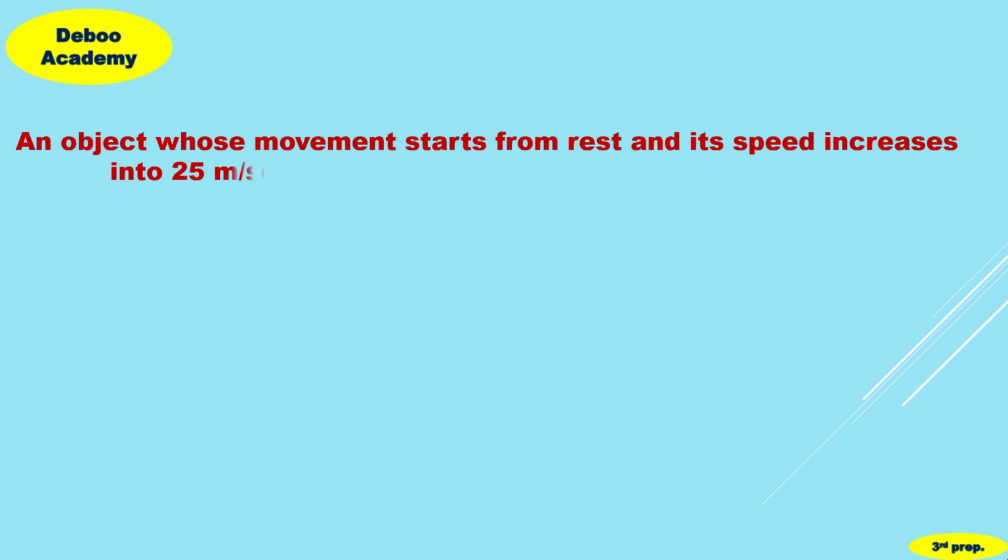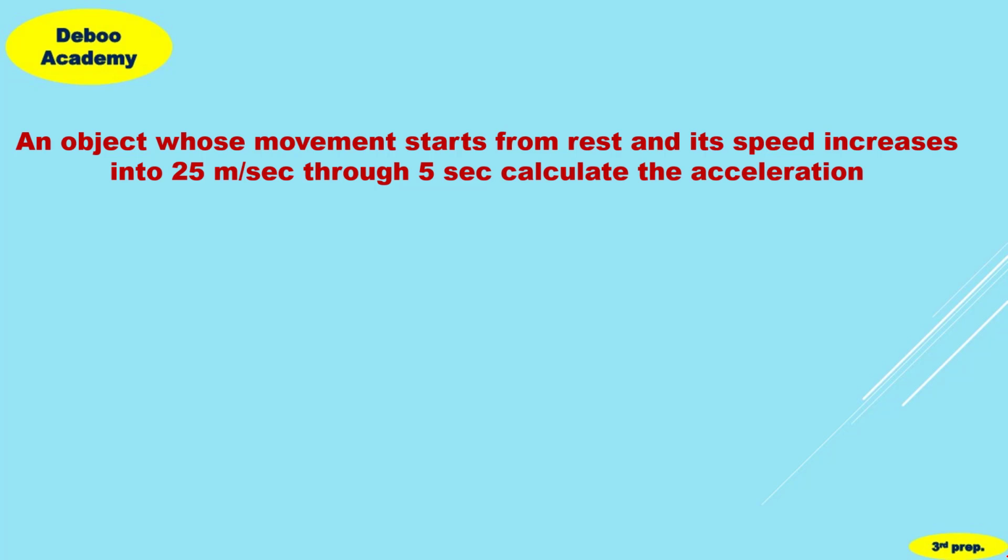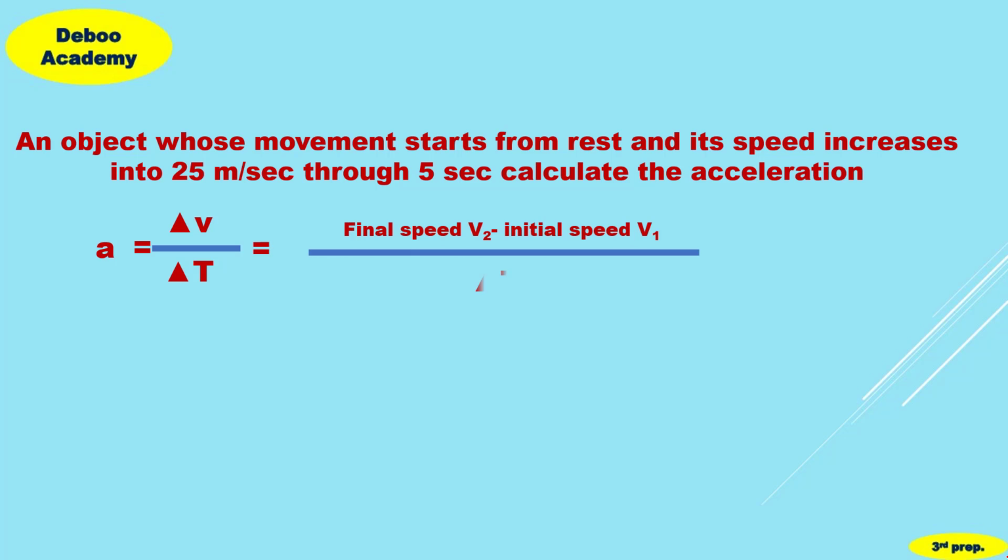An object whose movement starts from rest and its speed increases to 25 meters per second through 5 seconds. Calculate the acceleration. We have to write the law A equals delta V over delta T, and then V2 minus V1, final speed minus initial speed, over time.